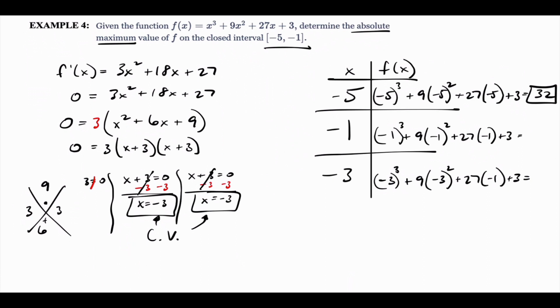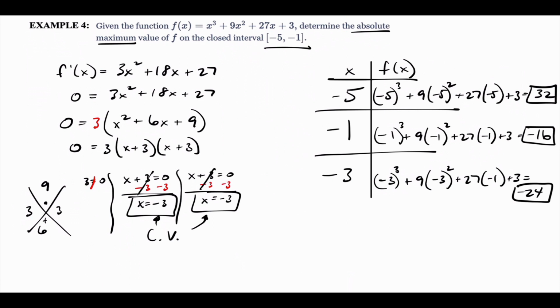When you plug in -1, you're going to get -16. And when you plug in -3, you're going to get -24. So if you were doing this on your own, that's what you would do. I'm just speeding it up since this is notes.